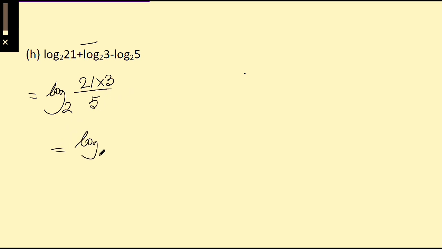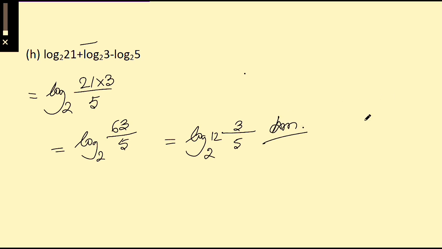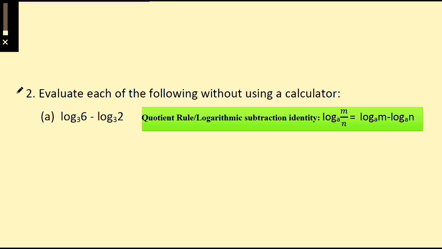So 21 times 3 will be 63, then in the denominator we also have 5. So 63 over 5 is an improper fraction, so as a mixed fraction we can write it as 12 whole 3 over 5, and this is our final answer.